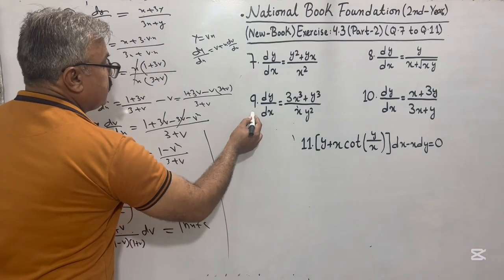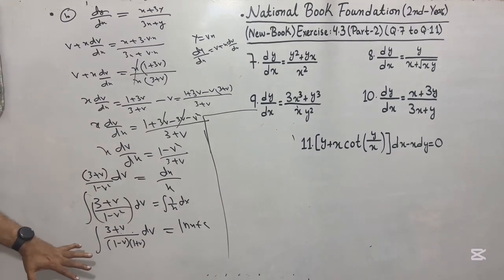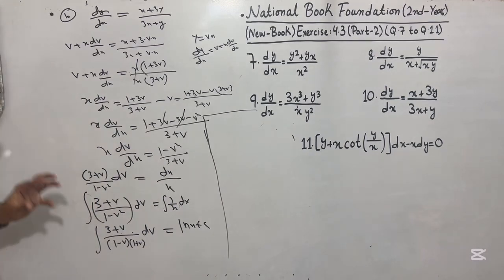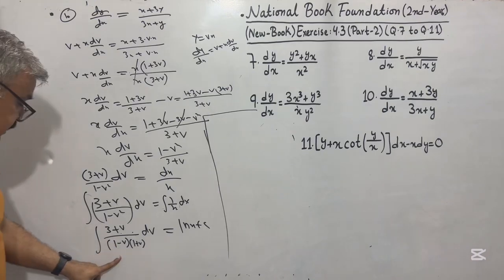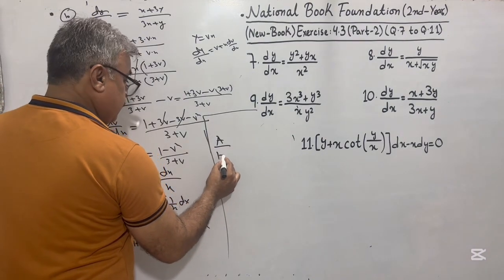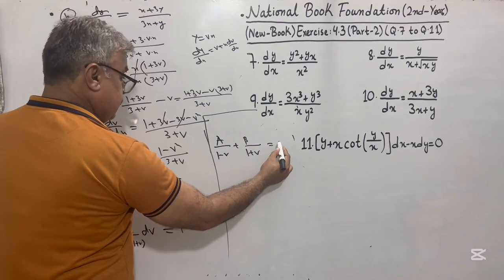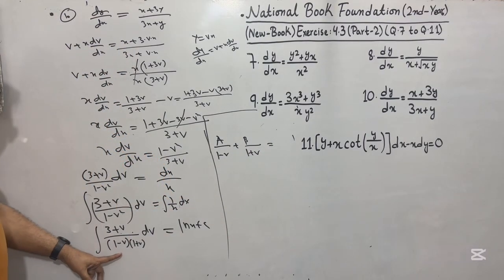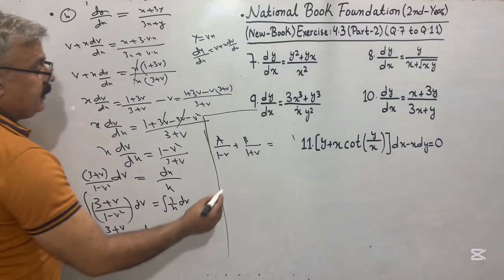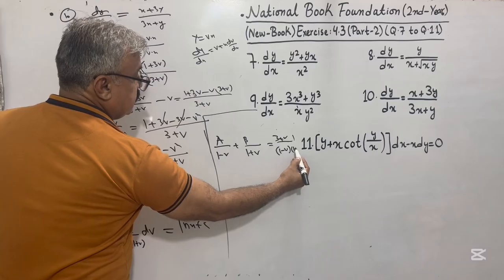Differential equations, especially the homogeneous ones, are an exercise of almost all cumbersome techniques of integration. Here comes the partial fraction. I am going to have a over 1 minus v plus b over 1 plus v equal to 3 plus v over (1 minus v) times (1 plus v).